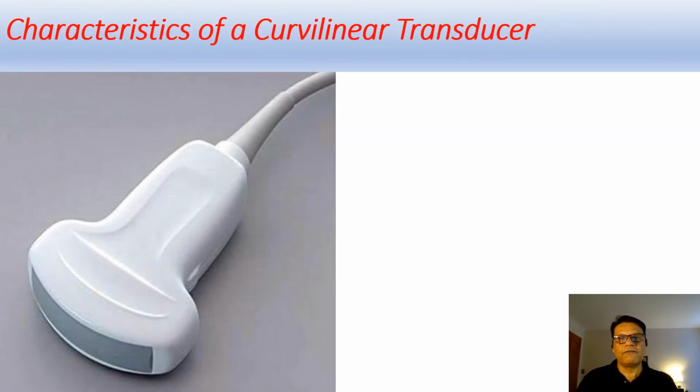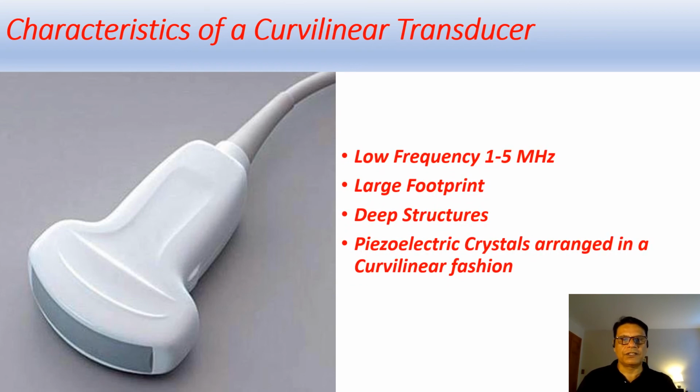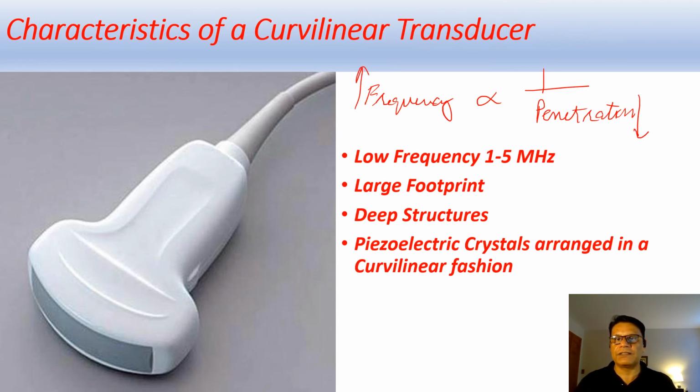The characteristics of curvilinear transducers are that these are low frequency transducers. We already discussed that frequency has an indirect relationship with penetration. When frequency increases, penetration decreases.